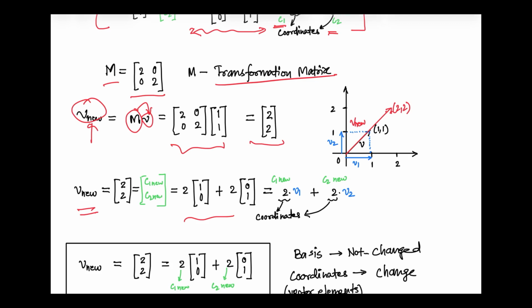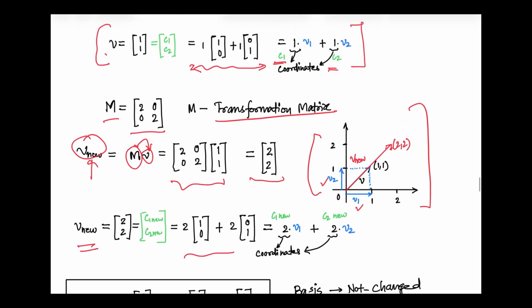Earlier the basis vectors were v1 and v2, and the vector v as a combination of v1 and v2 had c1 equal to 1 and c2 equal to 1. After the transformation, this vector is scaled up, and the new vector is 2 2.